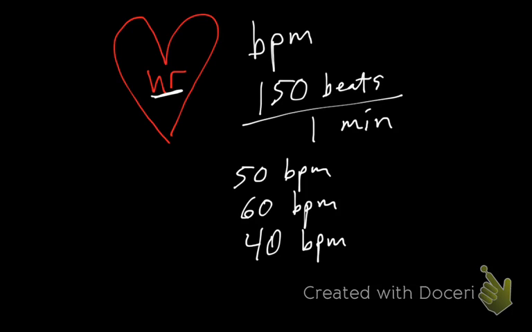So if you wanted to calculate it, instead of actually finding your pulse and counting the number of beats for 1 minute total, you could just sit there for 15 seconds and figure out, let's say your heart beats about 14 times in that 15 seconds. Okay, so your heart beats about 14 times.